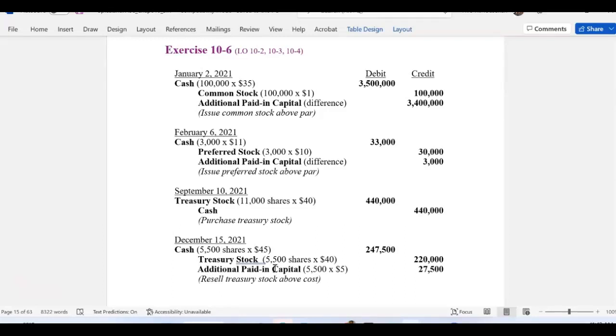So here, additional paid in capital dash treasury stock goes up by 27,500. But if in the future there is any loss from the sale of treasury stock, it will come out of this account. Okay.